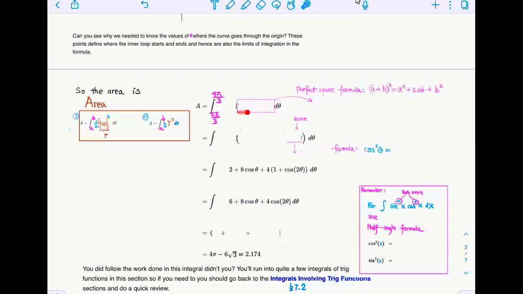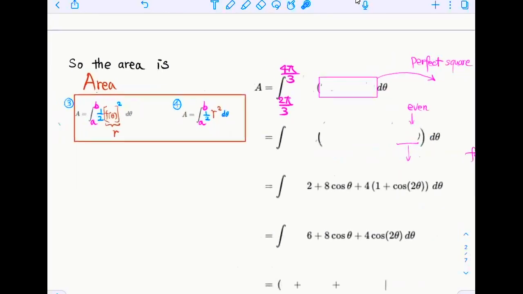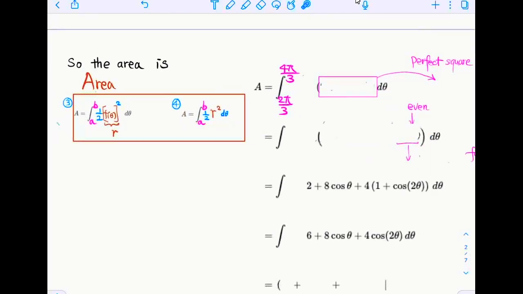What should I put inside, according to this formula? 1/2, right? 1/2 what? What is the r? 2 plus 4 cosine theta. Yeah. So r is 2 plus 4 cosine theta, and we're going to put it over here, right?